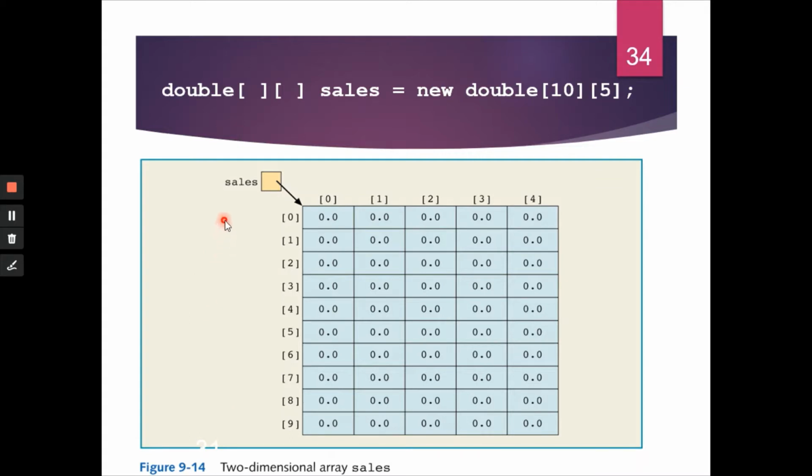As I said, 10 is the size of the row, so we start from 0 until 9. And 5 is the size of the column, so we start from 0 until 4. The default values are 0.0 and the array name is sales. Once you declare this two-dimensional array, you will have this representation in your memory.